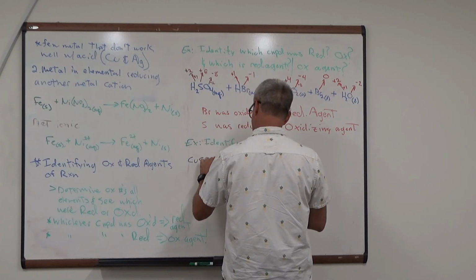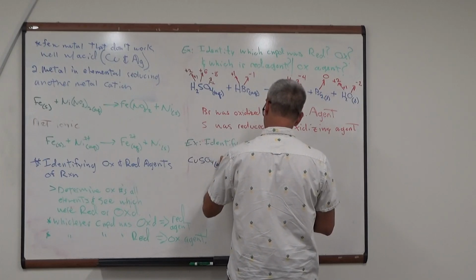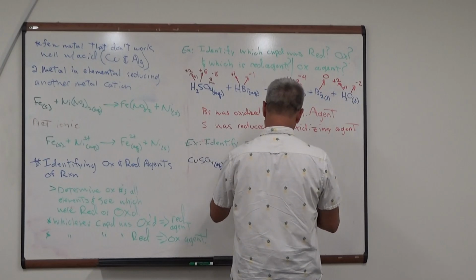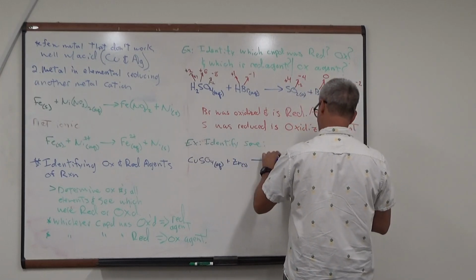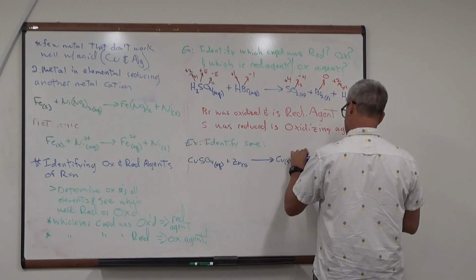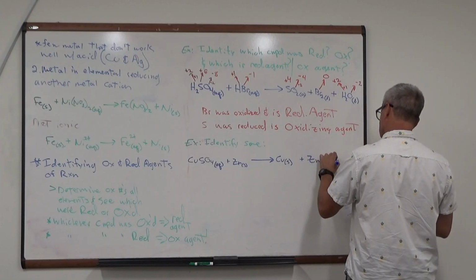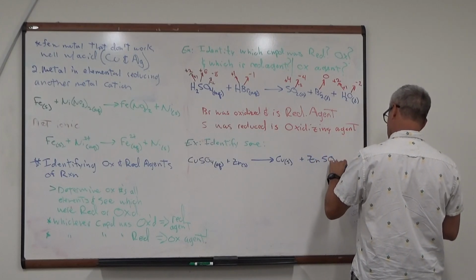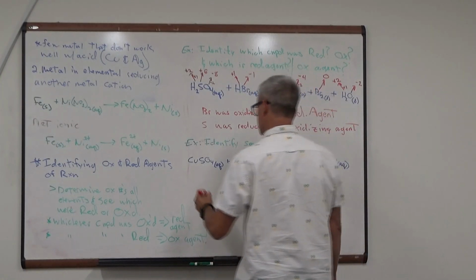For copper sulfate plus zinc metal goes to copper solid plus zinc sulfate. Okay. Go through, do all the oxidation numbers.